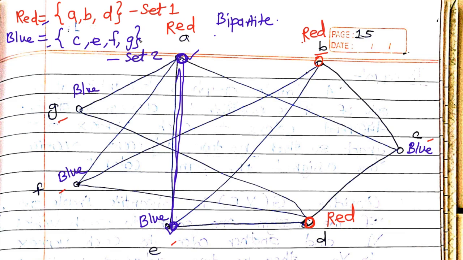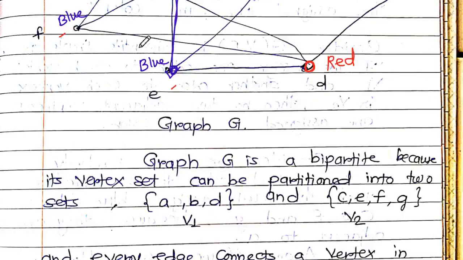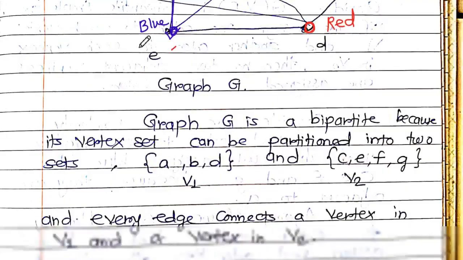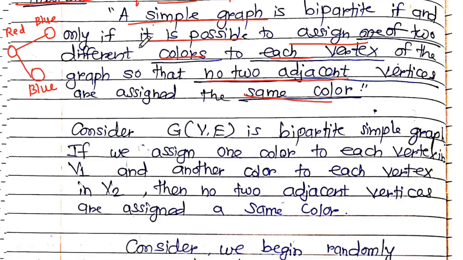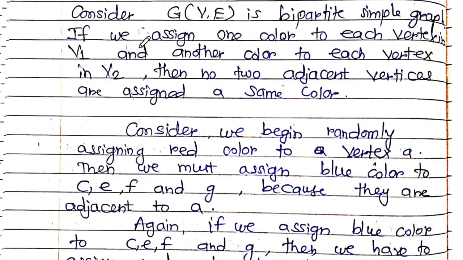Take another edge, from B to C: B belongs to the red colored set and C belongs to the blue colored set. If you pick any of these edges, you will find a red colored vertex on one side and a blue colored vertex on the other. So a graph is bipartite if you are able to give two different colors to the vertices of the graph.